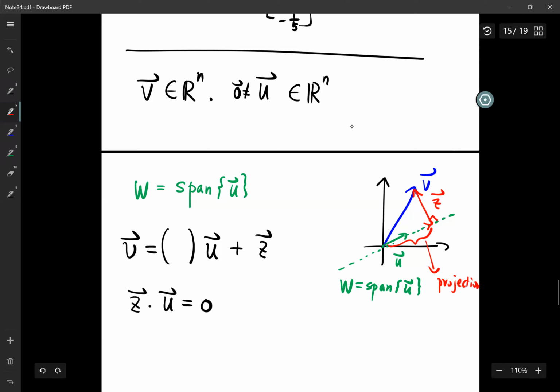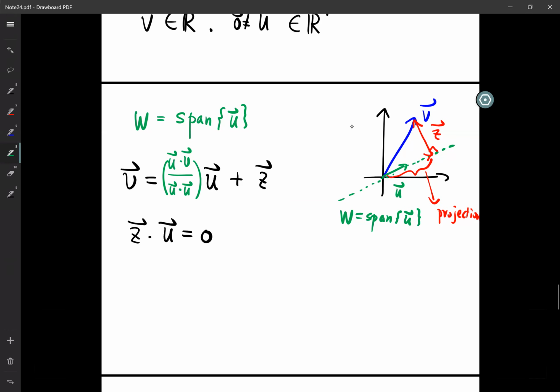So by doing exactly the same computation as we did before, you'll find that alpha is just u dot v over u dot u. As we said, u is not a zero vector, so the denominator is guaranteed to be non-zero. So this one is the projection. Let me define it more formally.